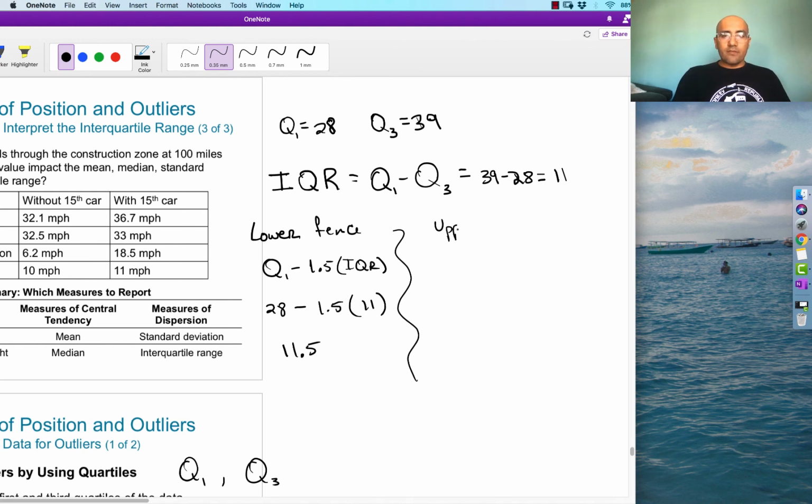And then the upper fence is equal to Q sub 3 plus 1.5 times the IQR.